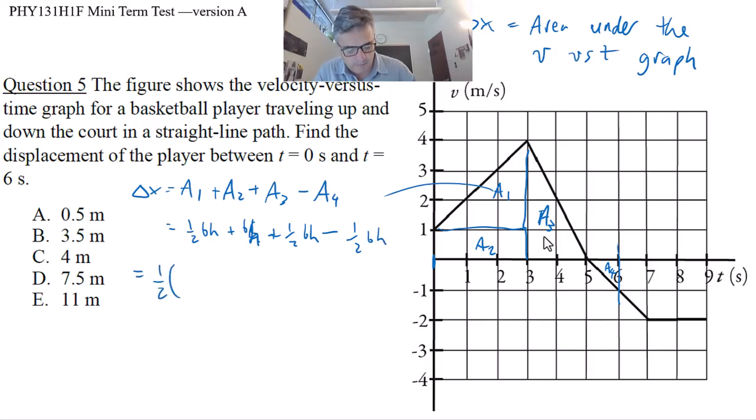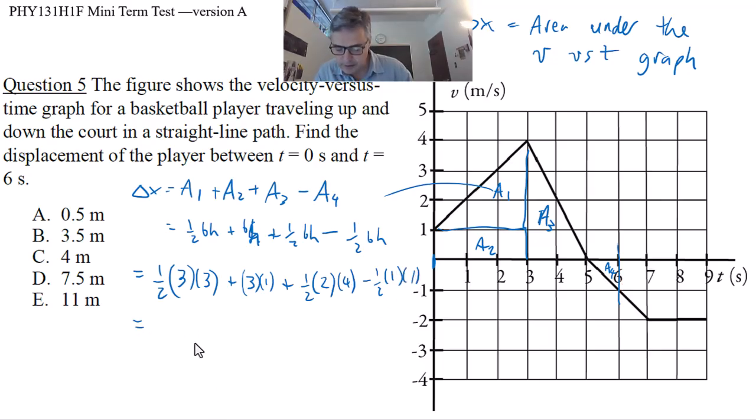It's 1/2 of the base, which is 3 seconds. Just keep SI units here. And the height from 1 to 4 is 3 meters per second. Plus, just base times height, that's 3 seconds times its height, 1 meter per second. Plus this thing over here, its base is 5 minus 3, so that's 1/2 of 2 seconds, and its height is 1, 2, 3, 4 meters per second, times 4. And then minus, this is just a 1 by 1, so it's 1/2 of 1 times 1.